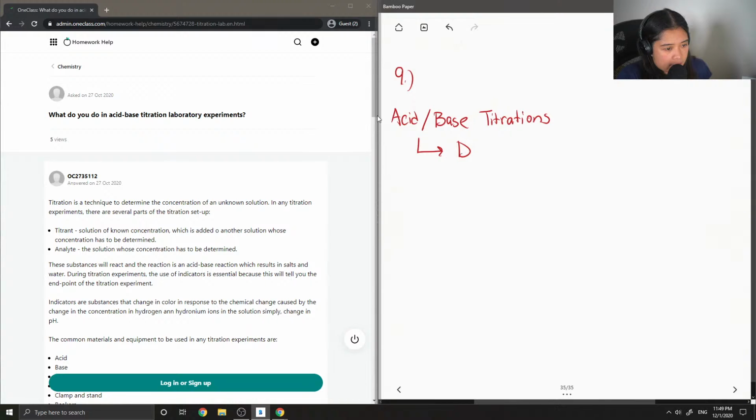So titrations are used to determine the concentration of A or B by neutralizing.